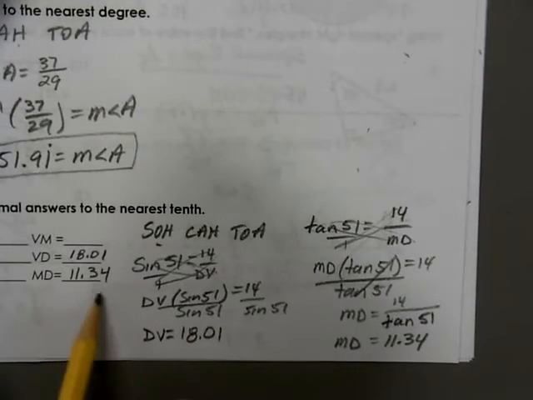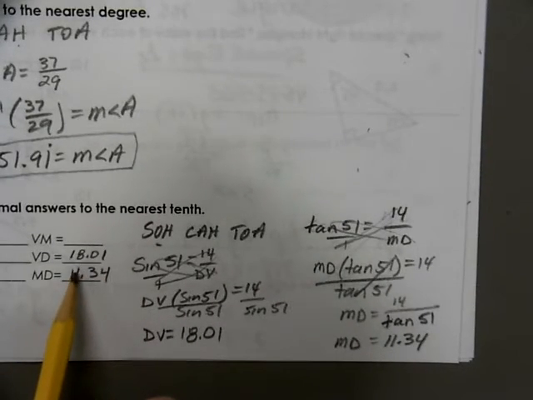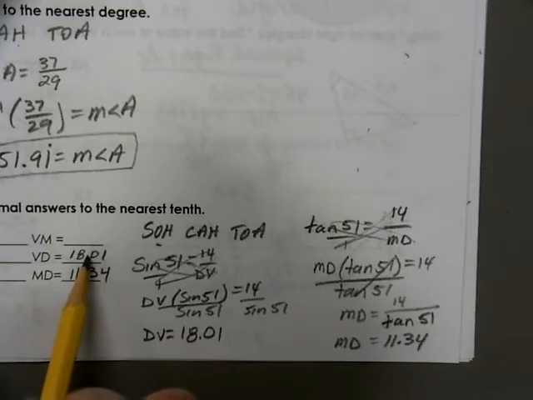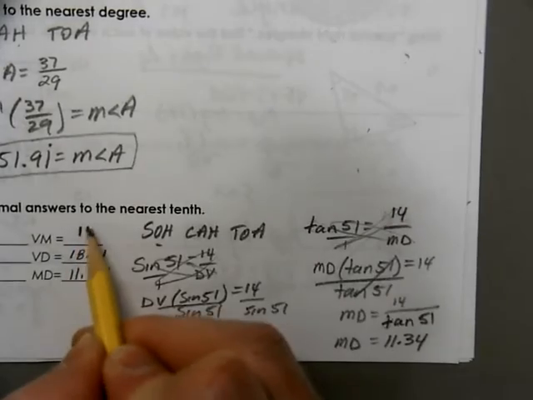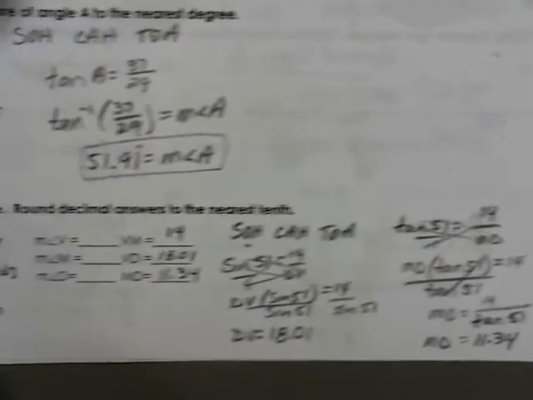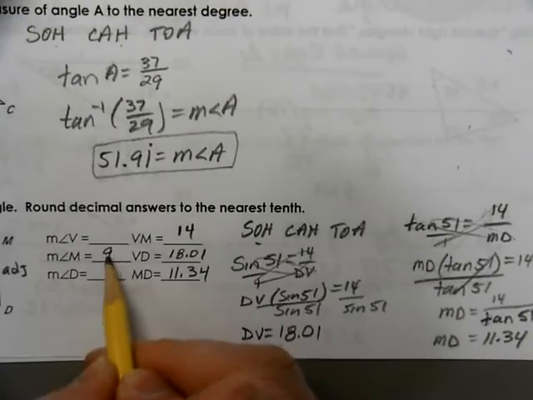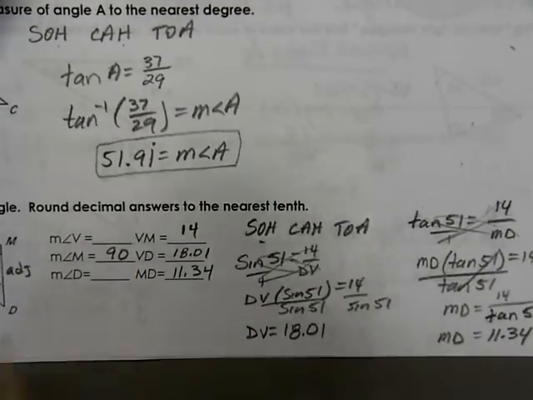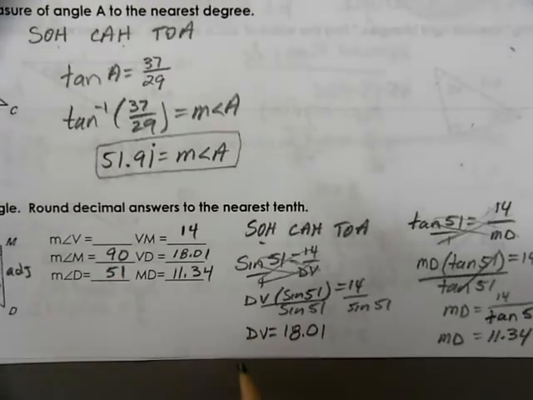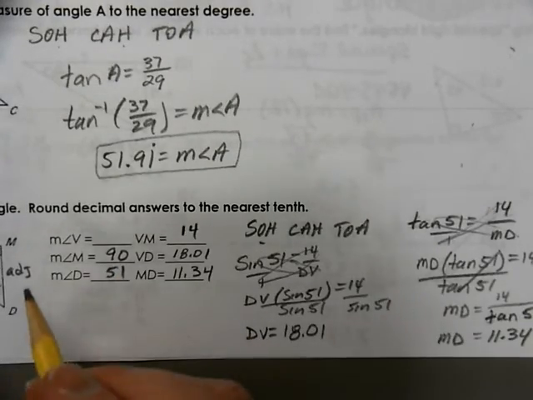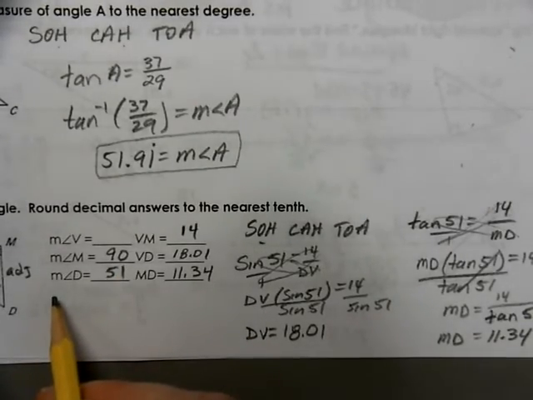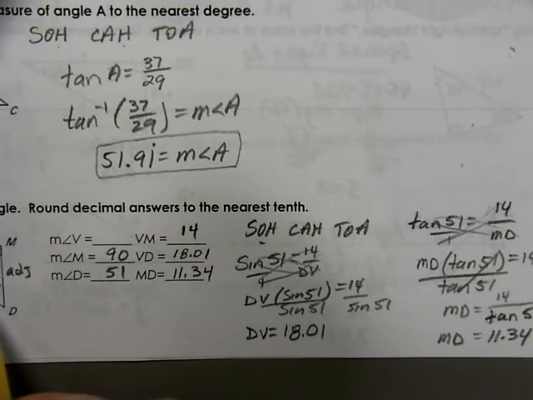Notice how the two leg lengths are smaller than the hypotenuse. The measure of M is 90. Measure of angle D is 51. So the measure of angle V, all three add up to 180.